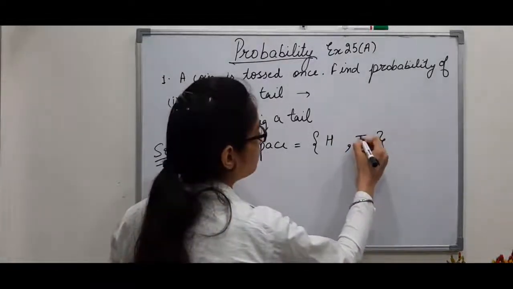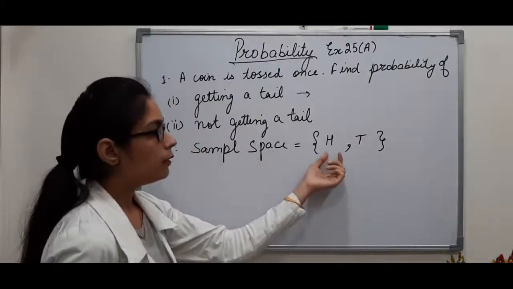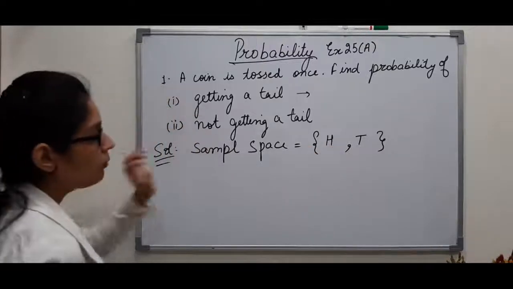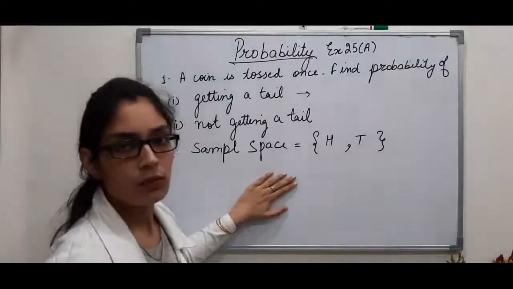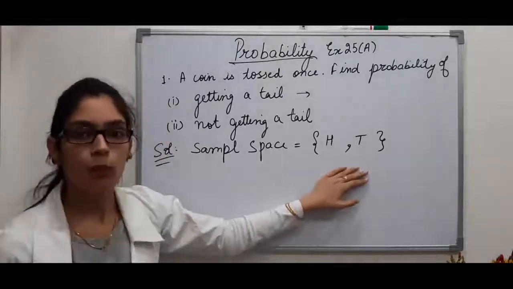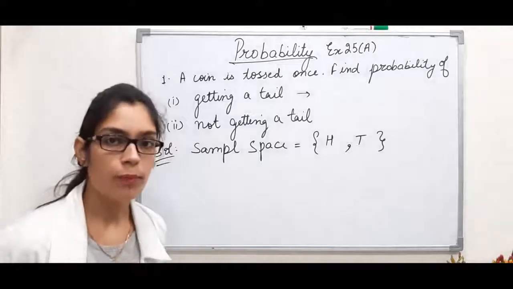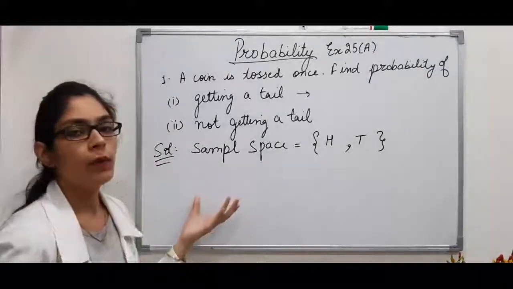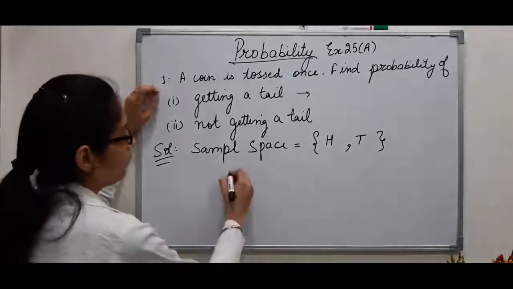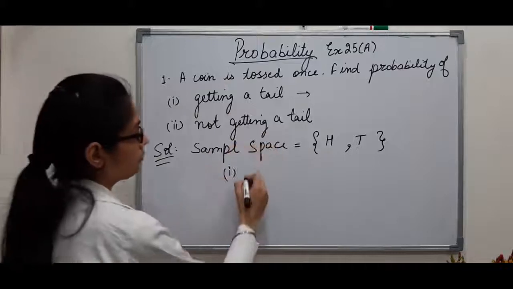So my sample space will tell me two outcomes are there. Now first thing is to make a sample space or to write the total number of possible outcomes. Whenever you are solving a question of probability, the first step should be writing down a sample space. Now you should start with part 1, getting a tail.